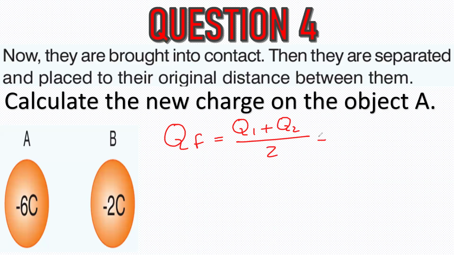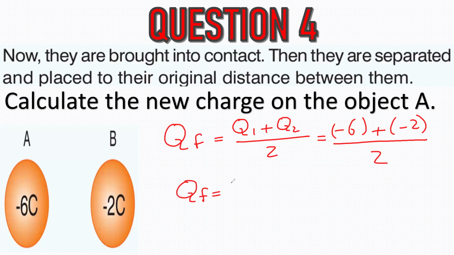Q1 is -6 plus -2 over 2. Q final is equal to -8 over 2, getting -4 coulombs. We have to write the unit, otherwise we lose marks. So question 4, just like this.